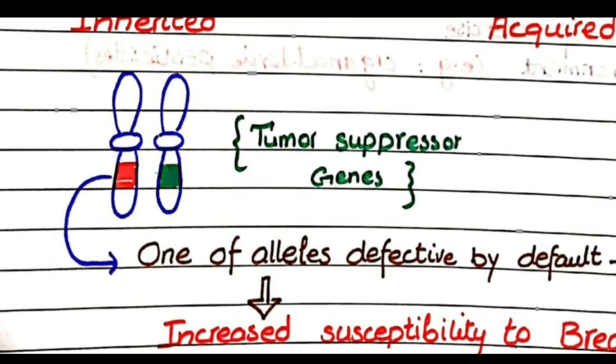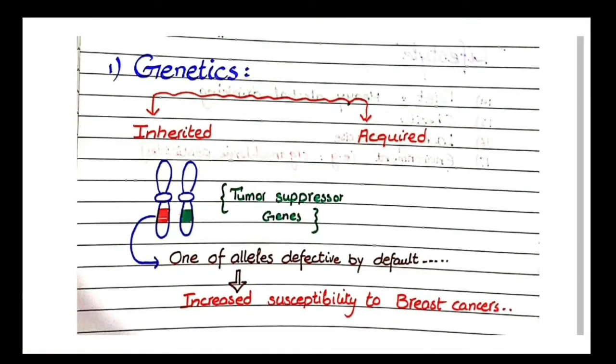Why is it so? Because now she only needs one hit to mutate the normal allele. A normal person would be different in that regard, because a normal person would need two hits on the two alleles to be mutated. But in a person who is born with a defective allele, she will need only one hit to make her susceptible to breast cancer.